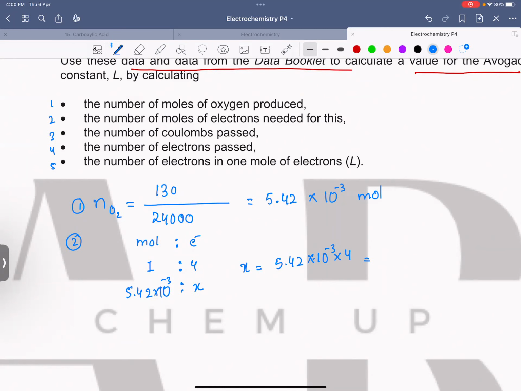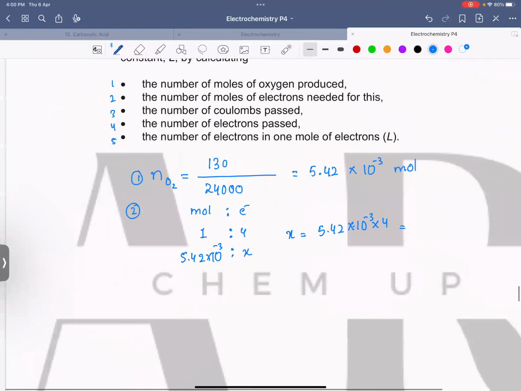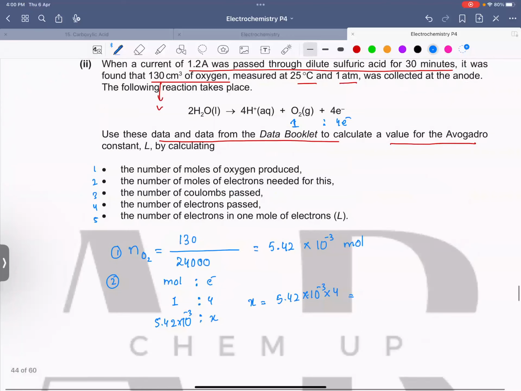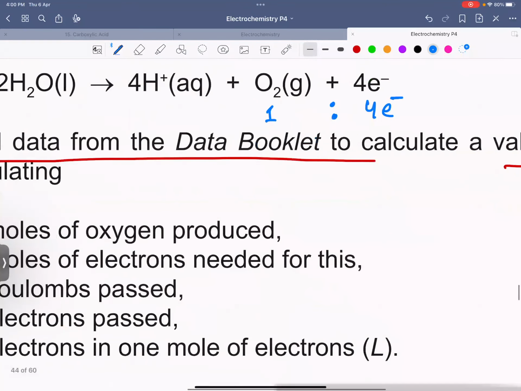Sir, I'm getting 10.7. See, look at the equation. From the equation, what I concluded is that 1 mole of oxygen needs 4 electrons, right? So that ratio I have taken over here.